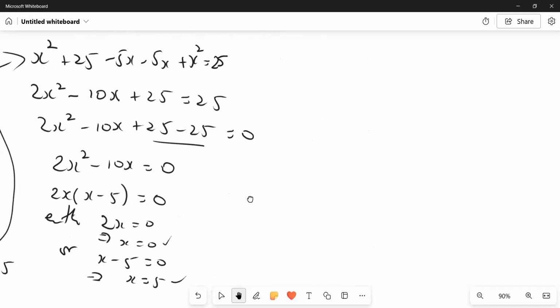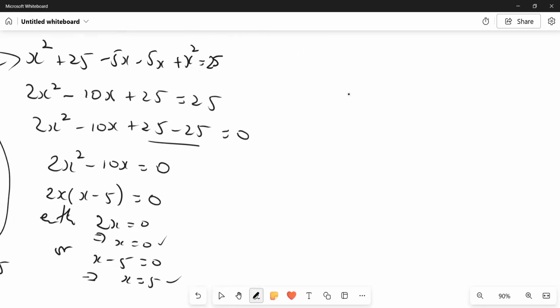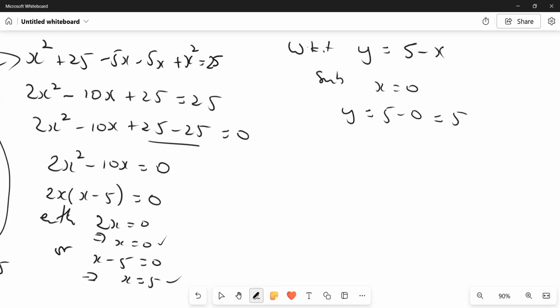Let's see what we can do with that. We know that y equals, what was y equal to? 5 minus x, right? So substitute x equals 0. Y then will be equal to 5 minus 0, equal to 5.